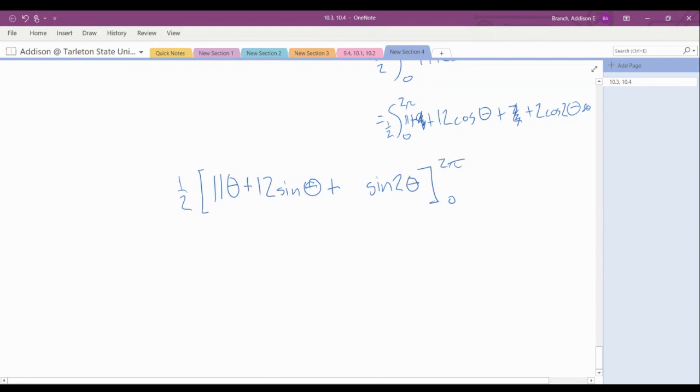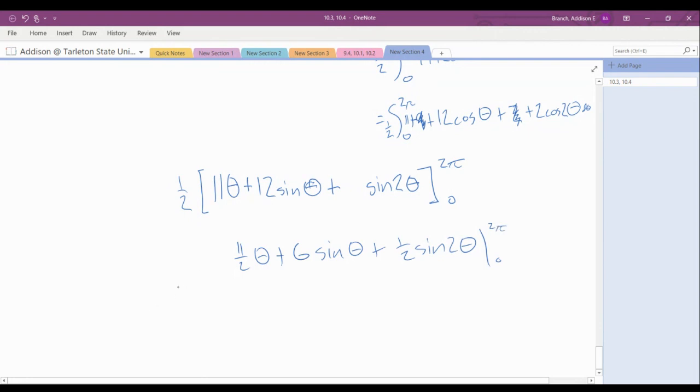All right, so actually I'm going to distribute our 1/2. Why not? 11 over 2 theta plus 6 sine of theta plus 1/2 sine of 2 theta from 0 to 2 pi.